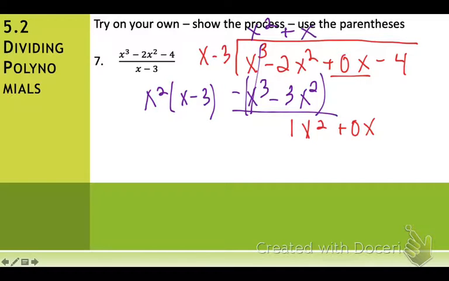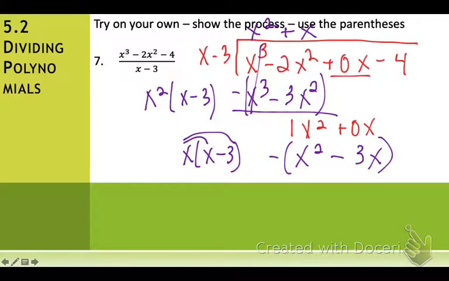Positive x times x minus 3. See, doesn't this just get fun? X squared minus 3x. Subtract, cancel, 0 minus negative turns into plus, so that's going to be 3x. Bring down the minus 4.